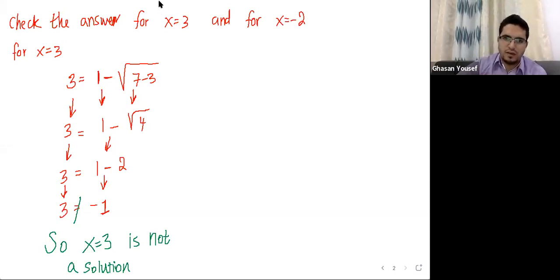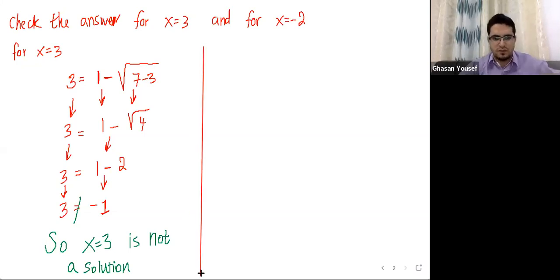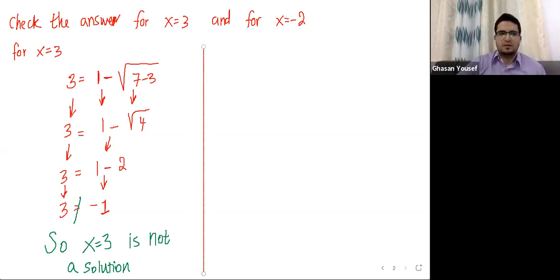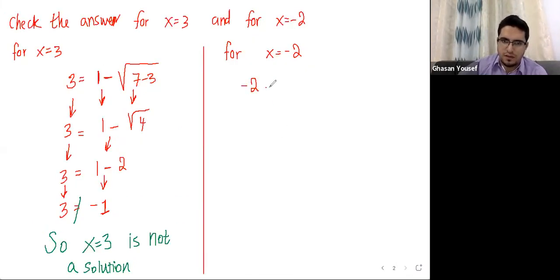So I'm going to do the second one. Now for x equal minus 2 to check. So you plug it inside the equation, I get minus 2 equal 1 minus square root of 7 minus 2.